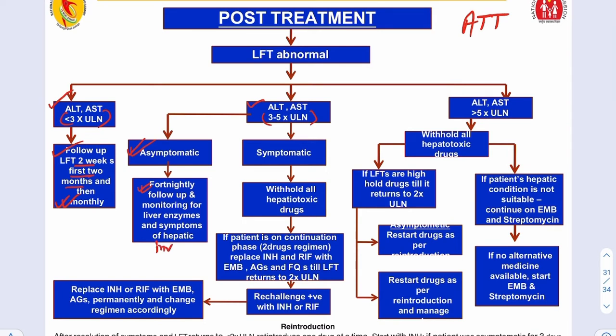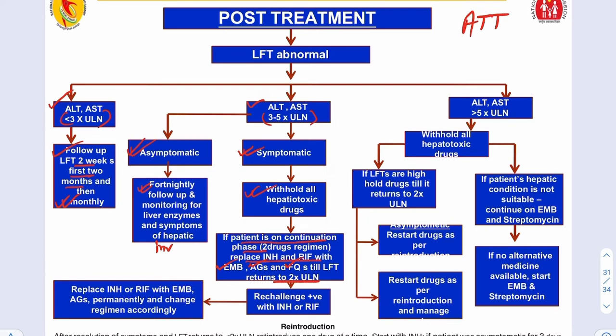Now, if the patient is symptomatic, then we need to withhold all hepatotoxic drugs. If the patient is on continuation phase, then we need to replace isoniazid and rifampicin with ethambutol, aminoglycosides and fluoroquinolones till LFT returns to 2 times the upper limit of normal.